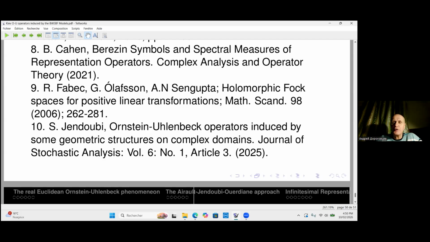But about the talk, the first question: there are a lot of properties of the Ornstein-Uhlenbeck semigroup in Fock space. For example, maybe well known, the Nelson hypercontractivity estimations.